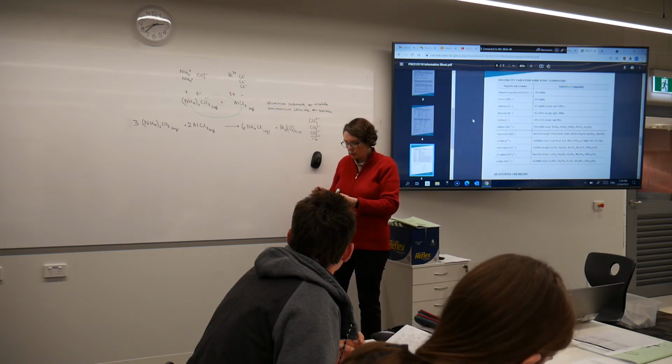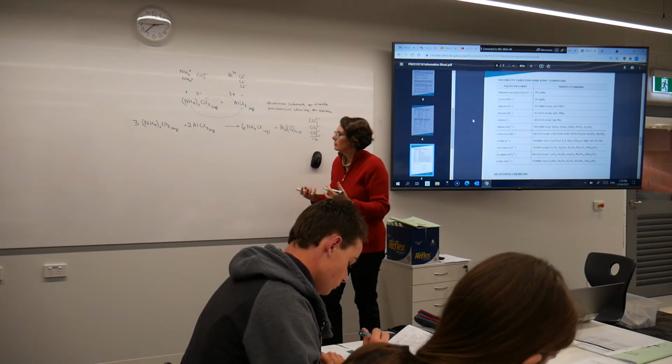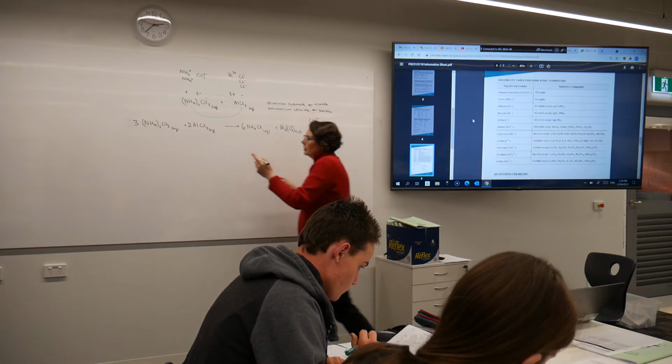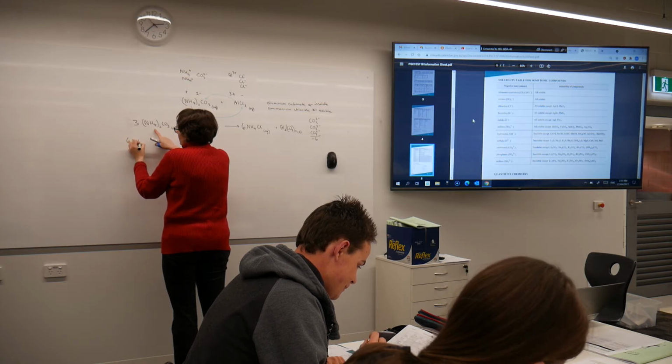Now to move on, we'll look at the full ionic equation. It tells me 6 ammonium ions.